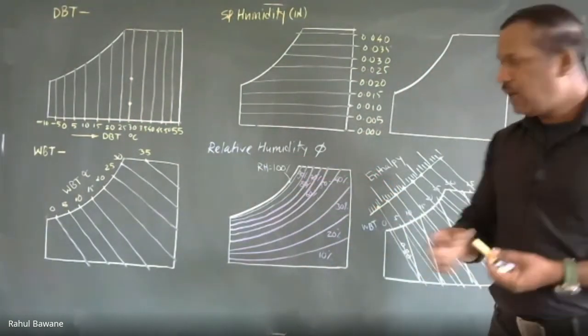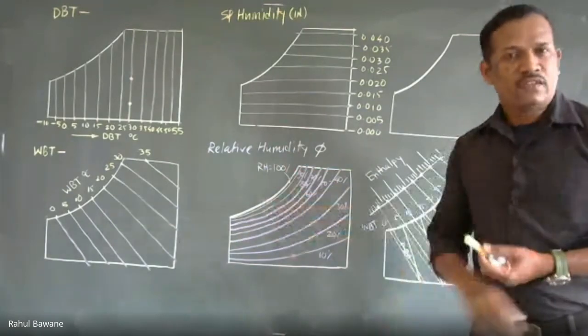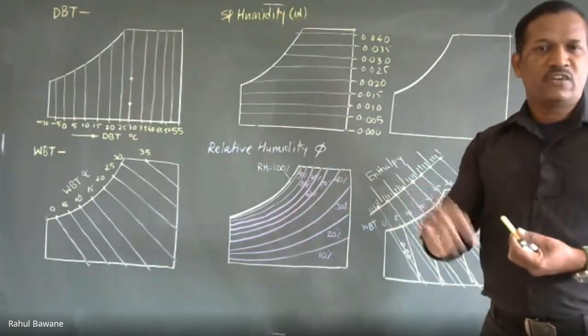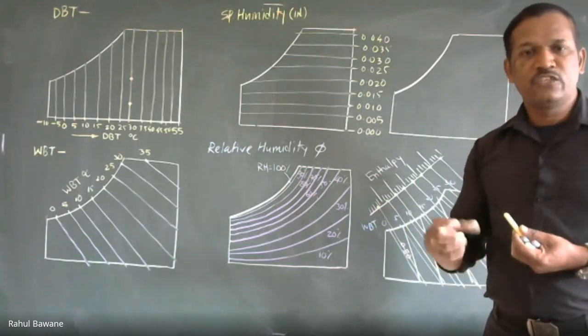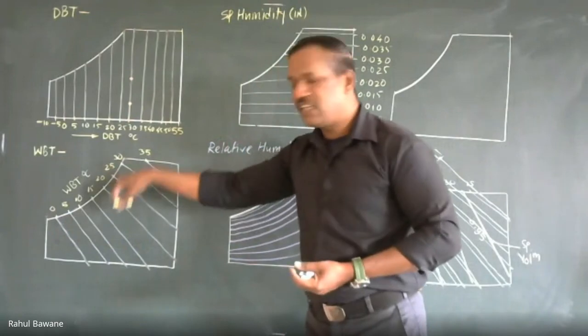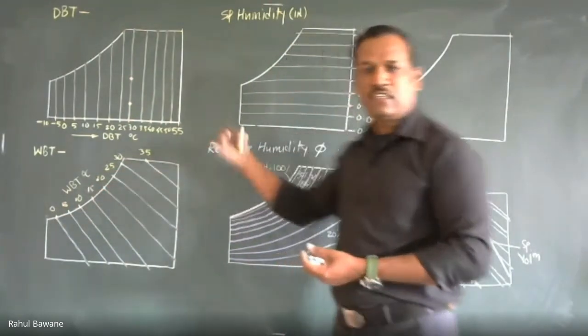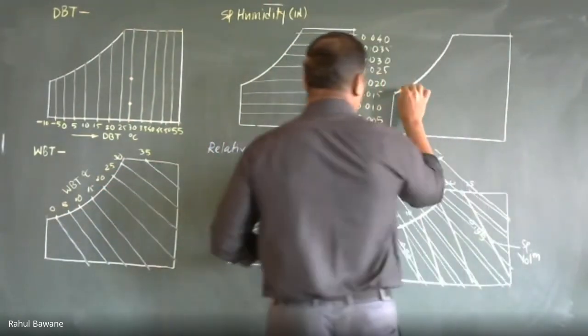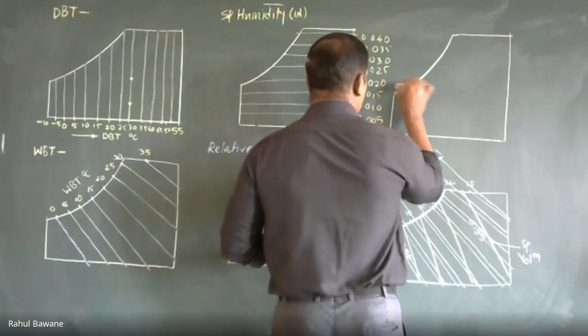If I reduce the temperature below that, the formation of liquid will start. That means the dew point will be on this scale only. Whatever the WBT scale is, that scale represents dew point temperature also.